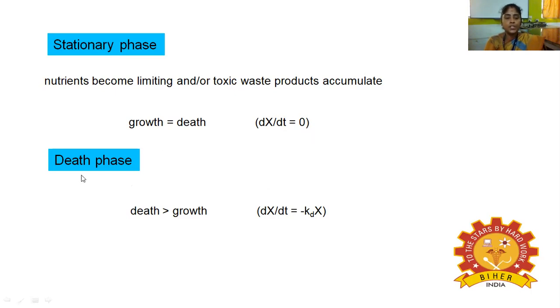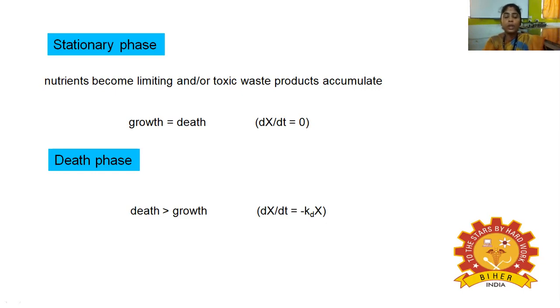And the last phase is the death phase. Here in the death phase, there is no growth. The growth becomes negligible, which means the nutrient has been entirely taken up by the microorganism as substrate utilization for product formation. So dx by dt can be written as minus kd into x, where kd is said to be the death kinetics of a microorganism.